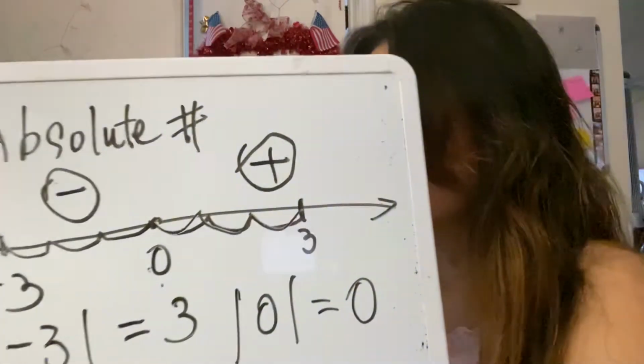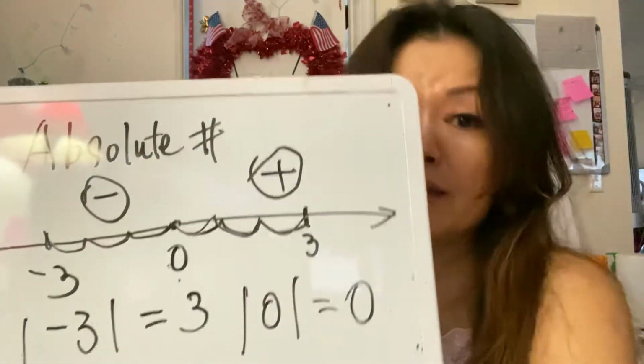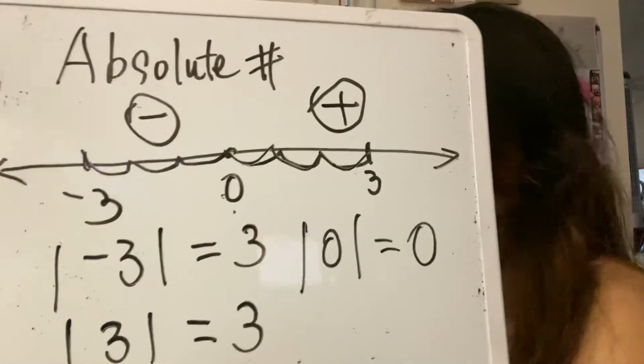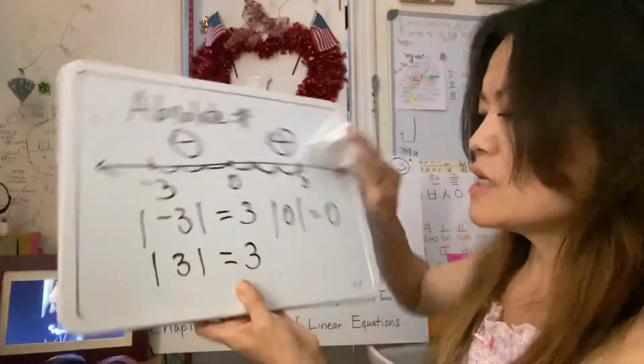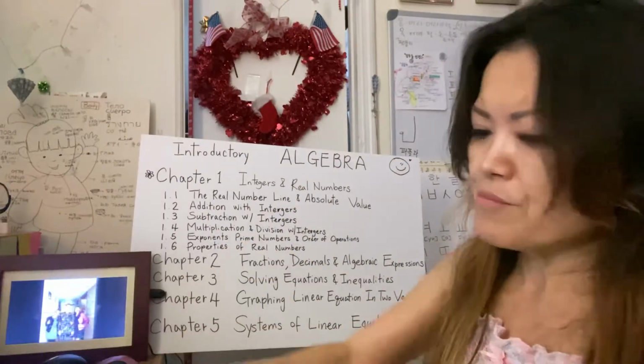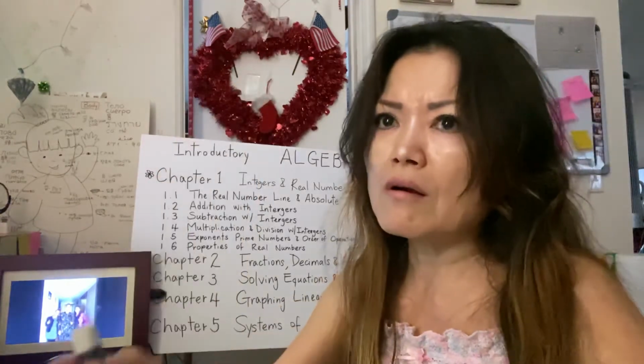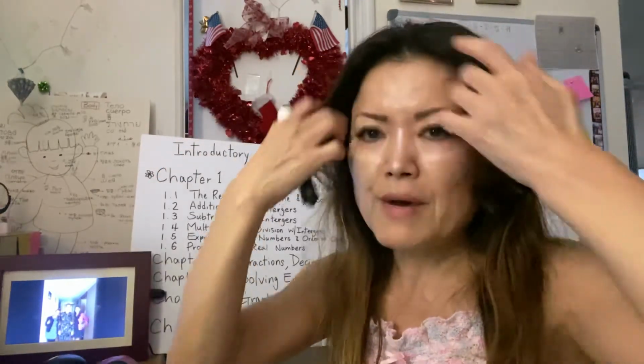Alright. So that's what we've learned today. But before we go, we are going to practice and review real numbers. Yesterday I talked about real numbers being divided into irrational and rational.